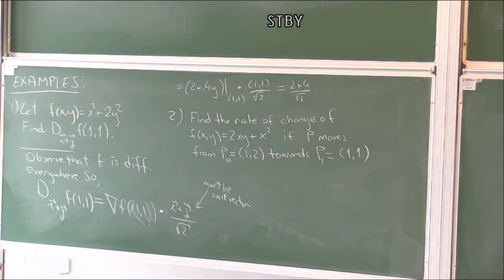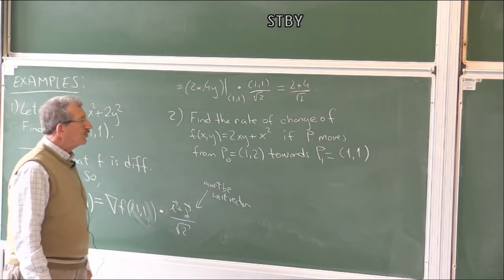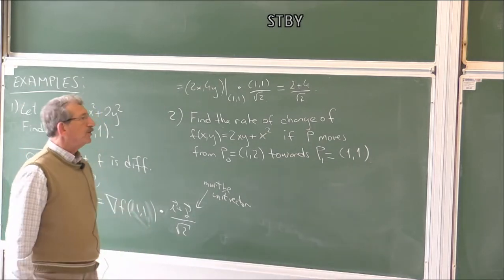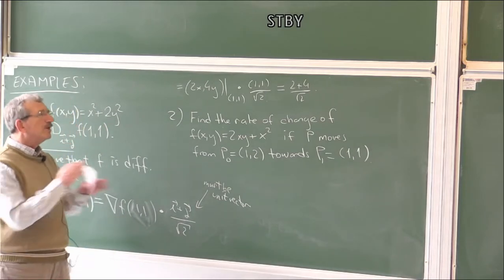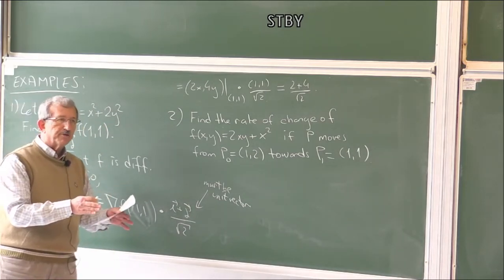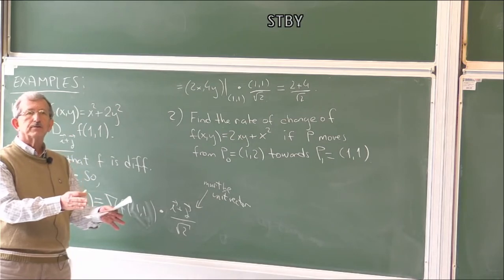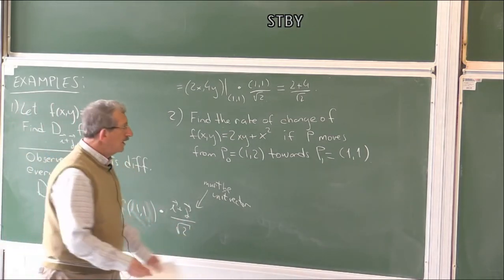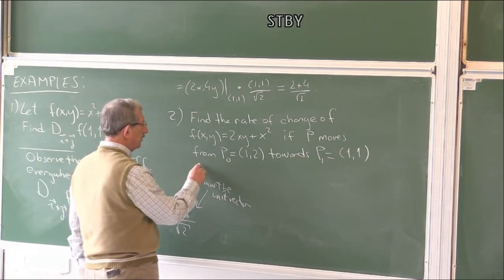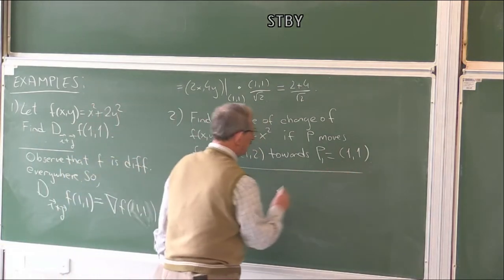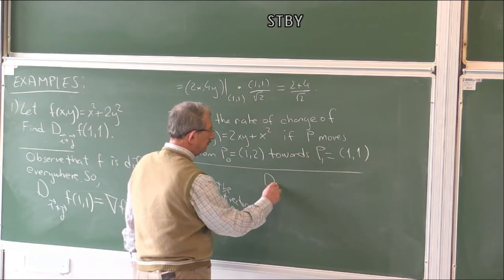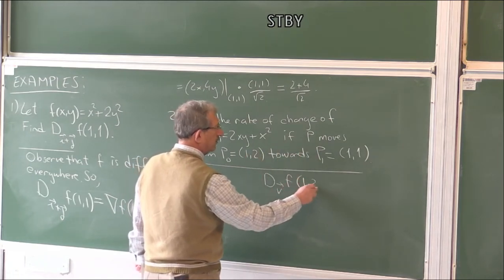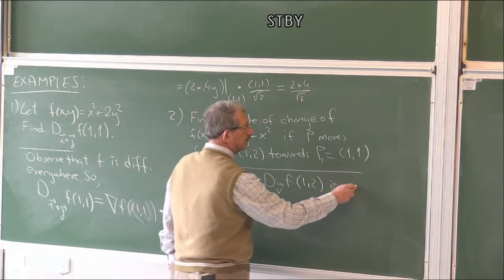Well, first of all, the rate of change of a function, meaning the instantaneous rate of change of a function in a certain direction, means directly the derivative in that direction. So this is the directional derivative. Okay, so D_v f at P0 is wanted.